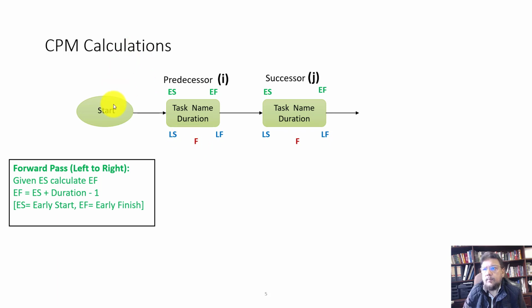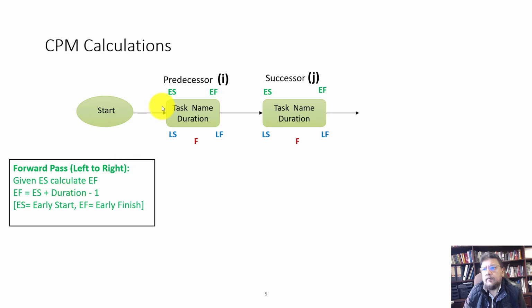The calculation happens in a sequence of 3 steps. In the first step, you start with the first activity, and given the early start for an activity, you want to figure out the early finish for that activity. The formula is as follows: early finish is equal to early start plus duration of the activity minus 1.